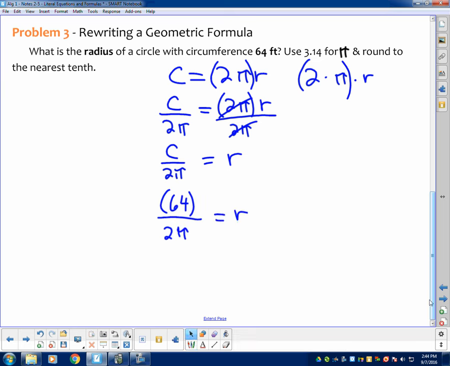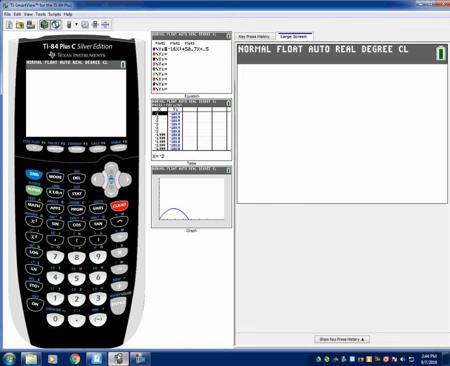We go over to our calculator here and type in 64 divided by 2, and there's actually a pi button on yours. You hit second and then the pi button. Some calculators, the pi button may just look for the button up there.